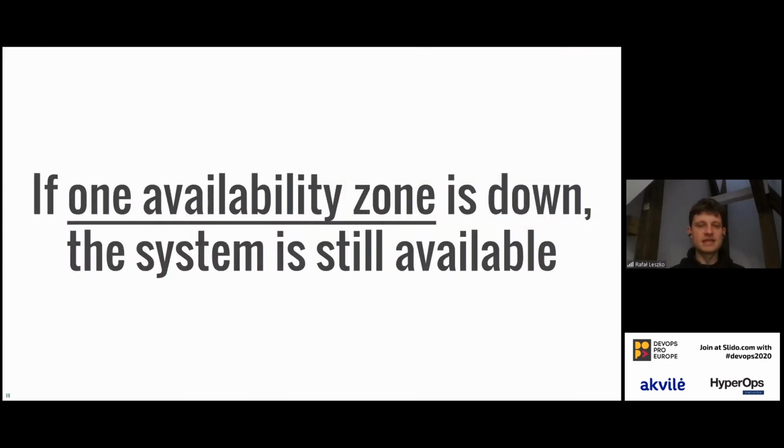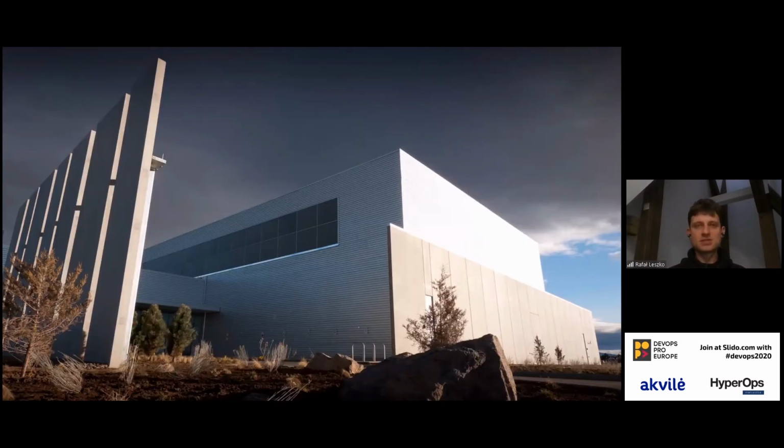Multi-zone means that if one availability zone is down, the system is still available. This is how an availability zone looks like. An availability zone usually consists of a few data centers, but what is important is that each availability zone has a separate power supply, separate networking, separate connectivity to reduce the likelihood of two zones failing at the same time.